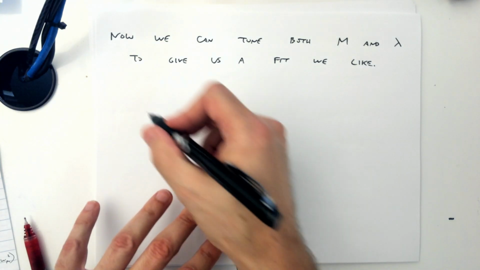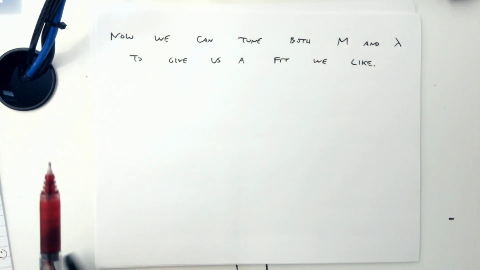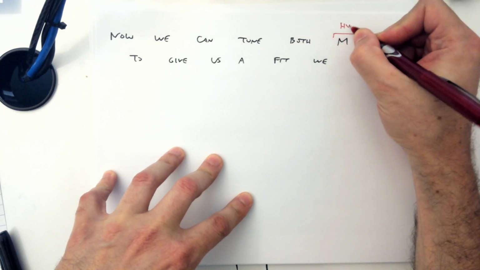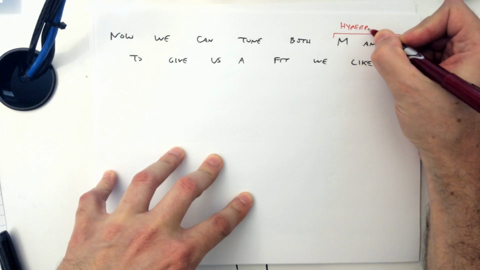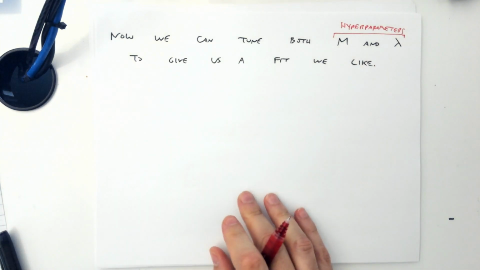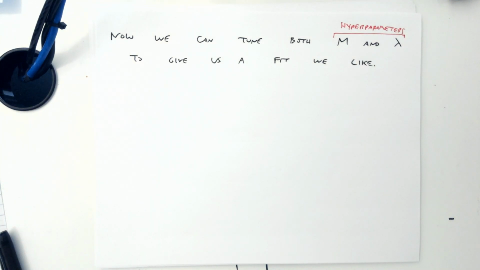And in this terminology, one way to think about these are what are called hyperparameters, which means that I'm not training those in my model, right? I'm not tuning those like I'm tuning the weights. Instead, I'm doing an outer loop over the m and the lambda to get those knobs set the way I want them to look as good as possible, for example, on the testing data, right?